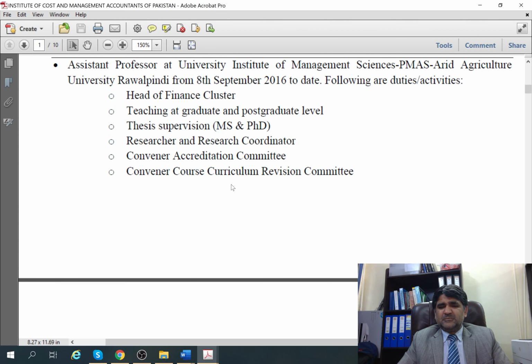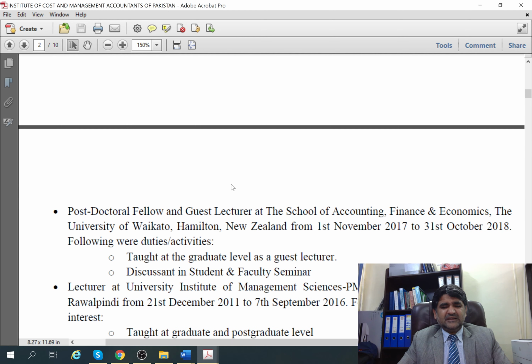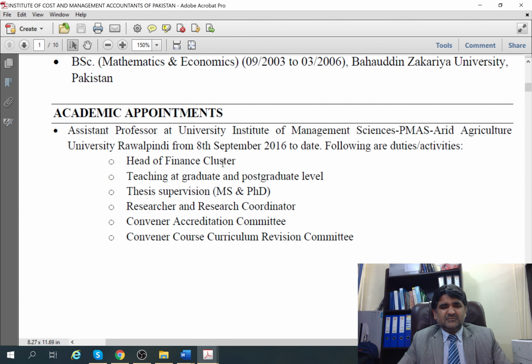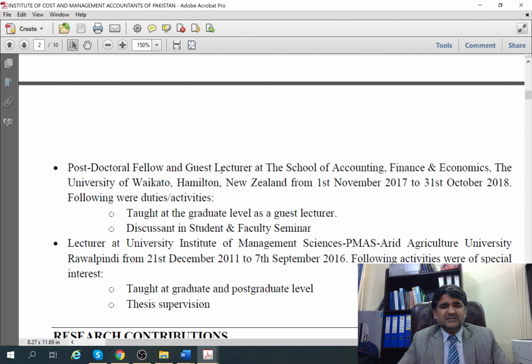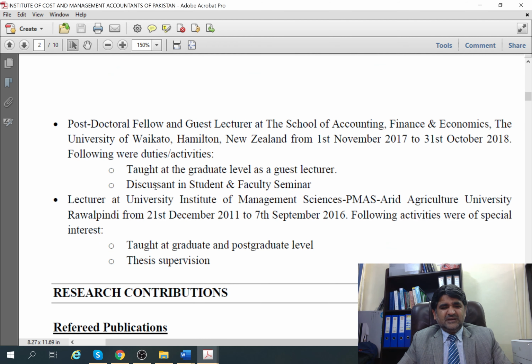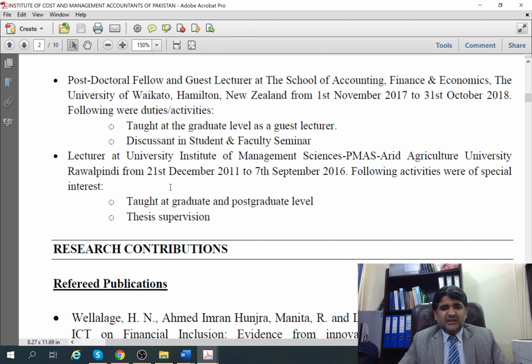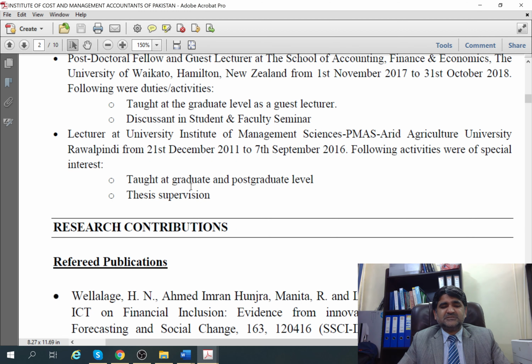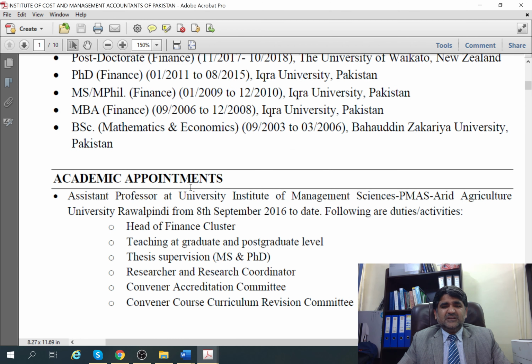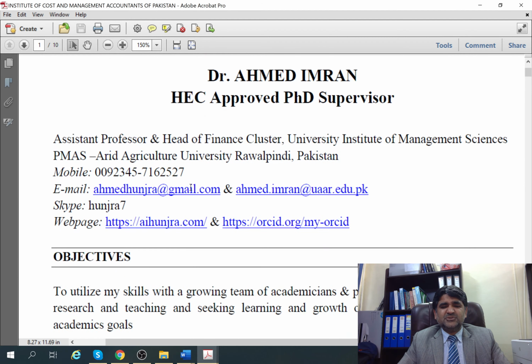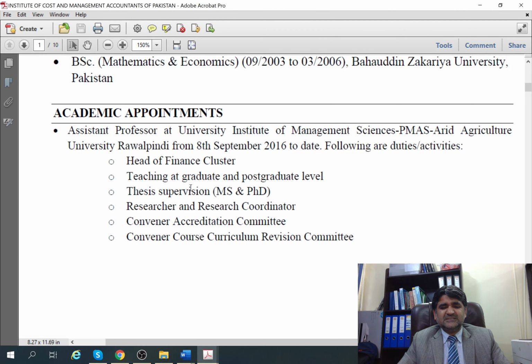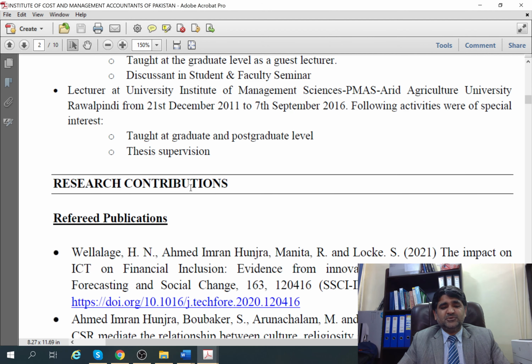It varies, and you can address it with your duties and your profile. Then you can list whatever experience you have, and you must mention the major assignments in which you are involved. That is the first part, your qualification and educational background. The second part is your research contribution. Very important, very important.